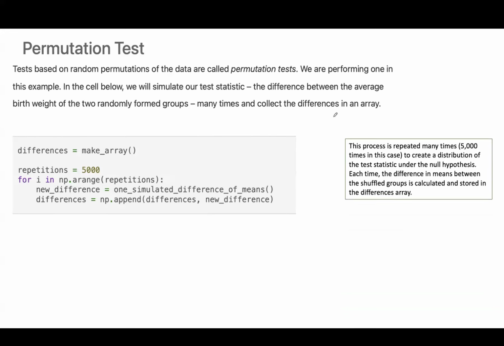This process is repeated 5,000 times in this case to create a distribution of the test statistic under the null hypothesis. Each time, the difference in means between the shuffled groups is calculated and stored in the differences array.